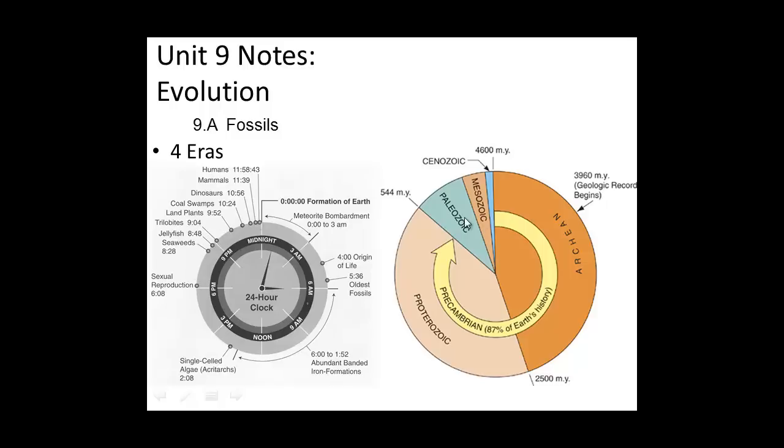I do want to point out that these are the 3 main areas of the Earth's history. Starting from 4.6 billion, or 4,600 million years ago, all the way over here to 544 million years ago, is what's called the Precambrian. It made up 87% of the Earth's history. It's made up of the Archean and the Proterozoic periods, but basically we have very little life.